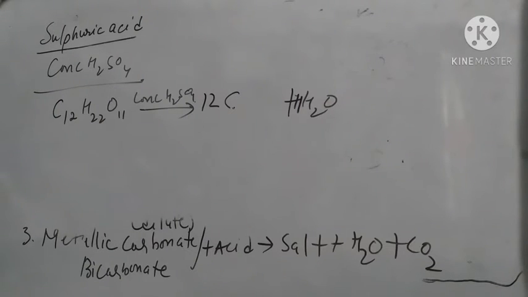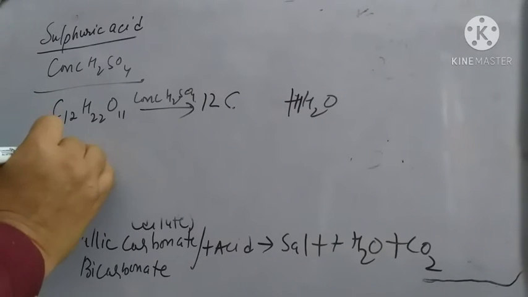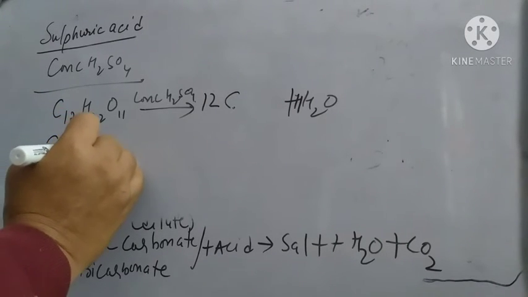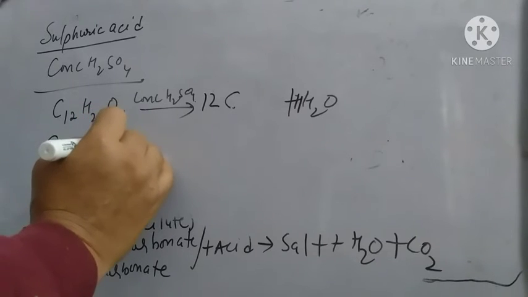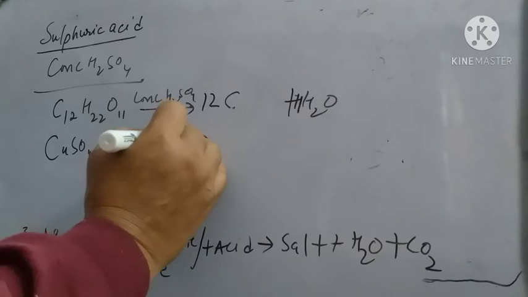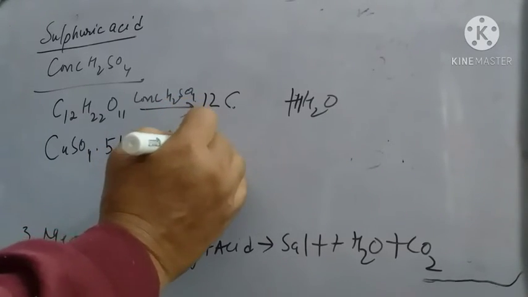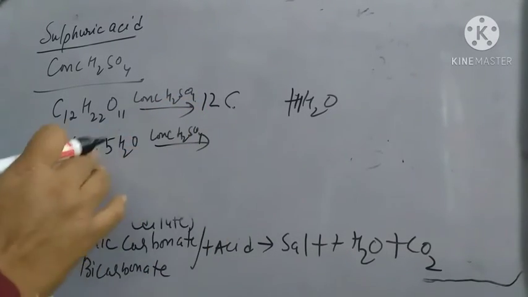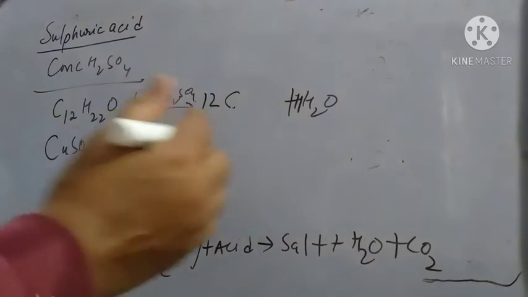Now after this we will take another example, copper 2 sulfate. Copper sulfate we write as CuSO4 into 5 molecules of water. In the presence of concentrated sulfuric acid, the molecules of water will be removed.